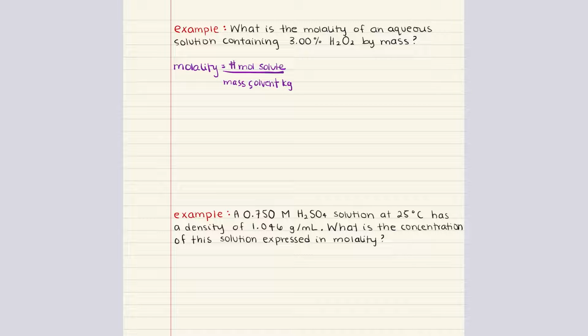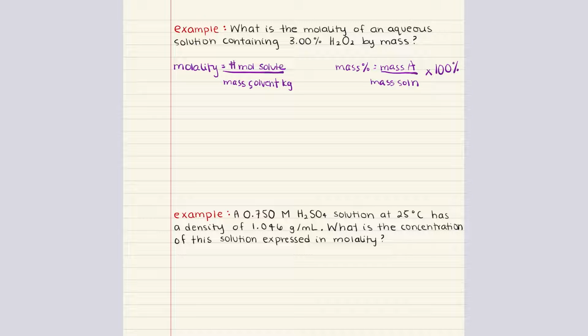Now that we have that written, the second thing we want to do is write what we are given in this problem. We're given that the mass percent of hydrogen peroxide by mass is 3%. Mass percent is defined as the mass of A divided by the mass of solution multiplied by 100%. So here for hydrogen peroxide, it is the mass of hydrogen peroxide divided by the mass of solution multiplied by 100%.